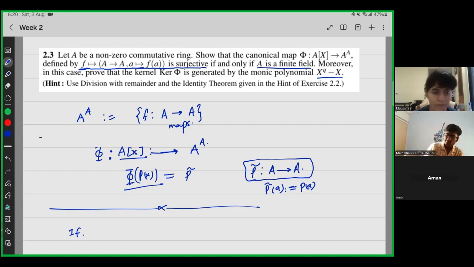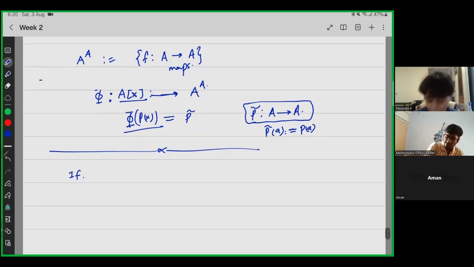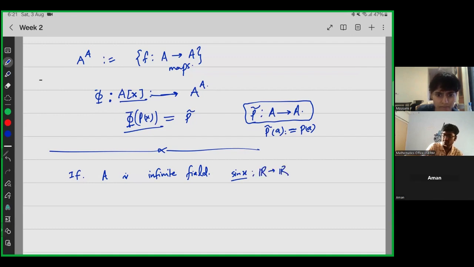So for example, what will happen if A is an infinite field? Are all functions polynomial functions? Is this correct or not? sin x is a function from, for example, R to R, but sin x is not a polynomial. So this is not surjective.